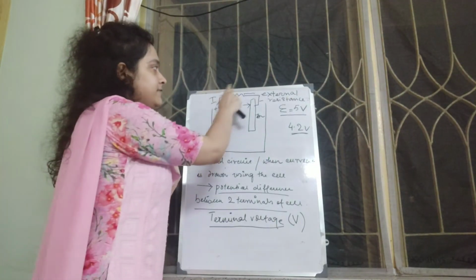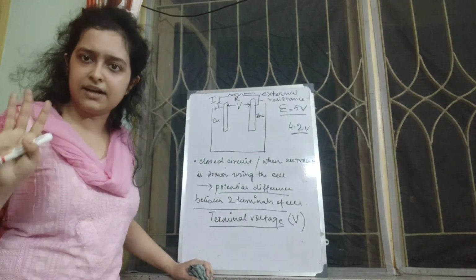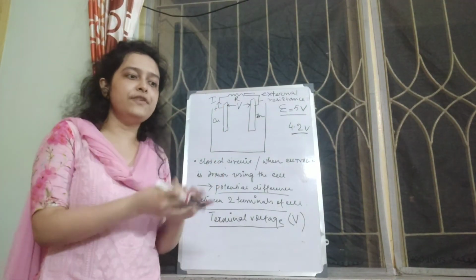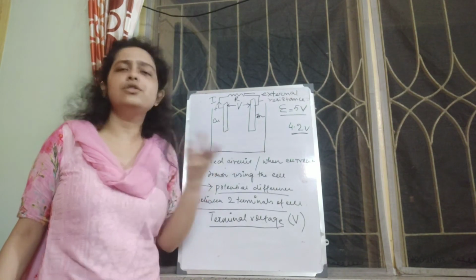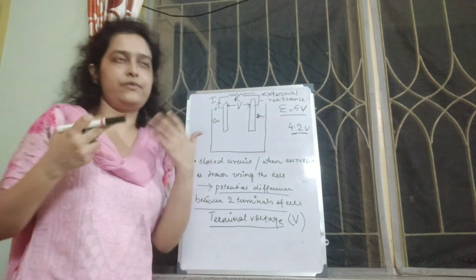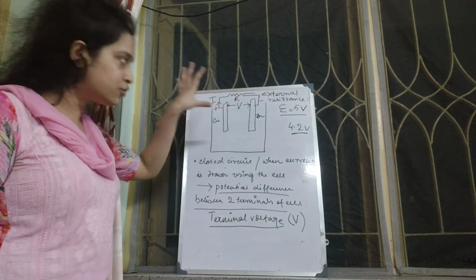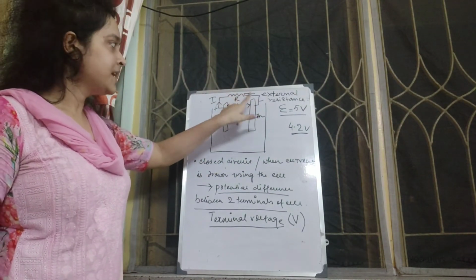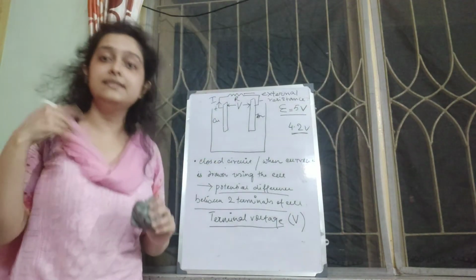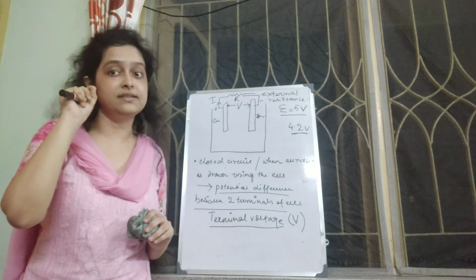When there is no flow of current, in open circuit condition, the concept of internal resistance is not used, because if current is not flowing through the electrolyte, there is no question of offering resistance. Now when we draw current using this cell, and it flows through the electrolyte, the electrolyte offers resistance to the flow of current through it. That is known as the internal resistance of the cell.